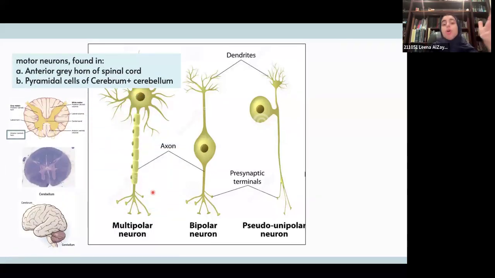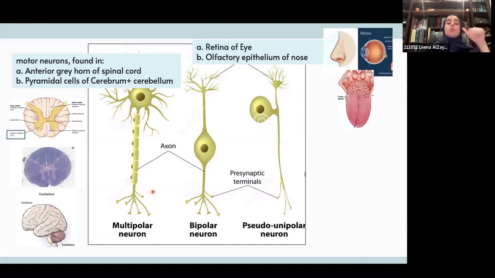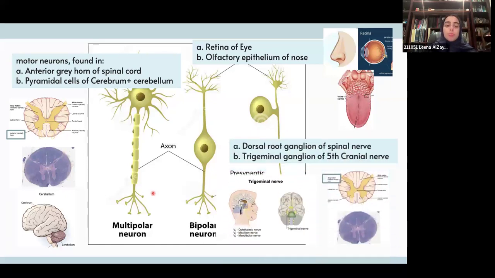Bipolar is for special sensation, retina of the eye, olfactory bulb, and taste, like the special cells for taste. And then you have the pseudo-unipolar, which is for sensation. So you will find them in the posterior or dorsal horn of the spinal cord. And you will also see them in the trigeminal ganglion because it is a heavily sensory neuron.